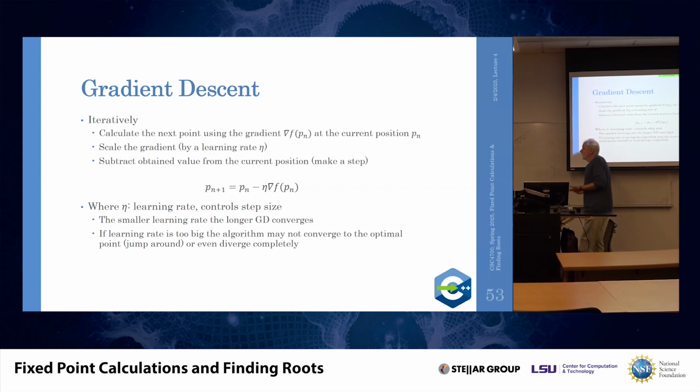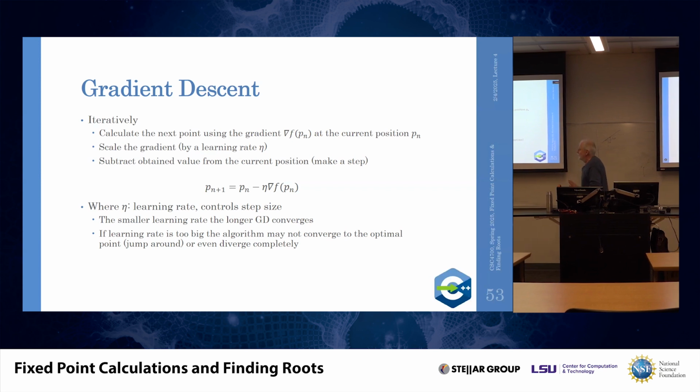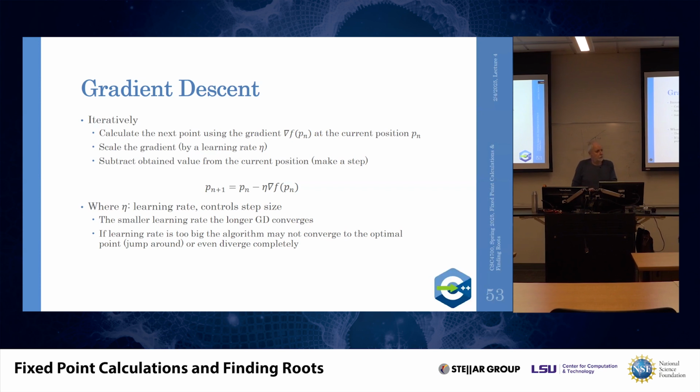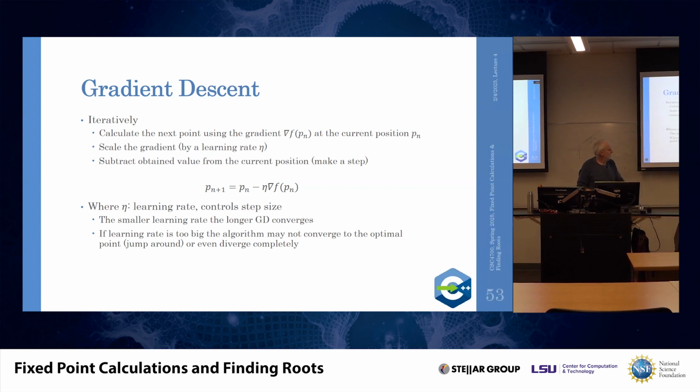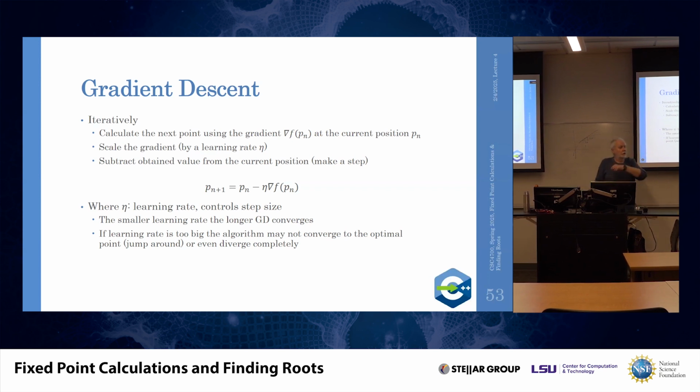So nu is a scaling learning rate which controls the step size. The smaller the learning rate, the slower the algorithm will converge, because the gradient will be scaled down. And if the learning rate is too large, it will jump around and it might not converge at all.